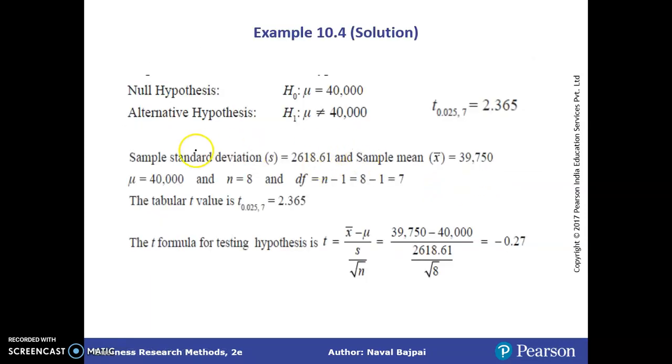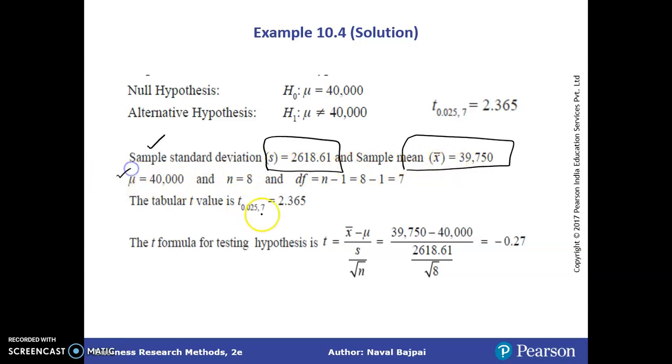In the t-test, the first thing we do is calculate the sample standard deviation. That will be this much, and I'll make a separate video if you do not know how to calculate the standard deviation for a sample. The sample mean has also been calculated here. First you have to calculate these two values, the sample standard deviation and sample mean, and then the other things are already given.